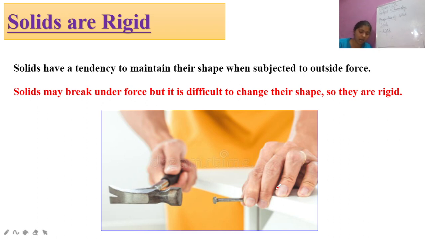Even if I beat it hard, it will not change its shape because solids are very rigid. Okay, so solids may break under force, but it is difficult to change their shape. So that's why they are rigid. We consider this iron nail to be rigid. This is a property of a solid. They are called rigid. Okay.